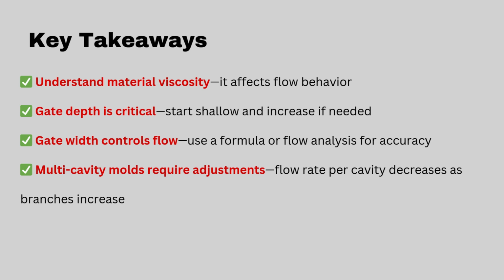The gate width controls the flow, and we can use the formula for that, and we can go for flow analysis to check the accuracy of what we have calculated. For multi-cavity molds, we require some adjustments, as flow rate per cavity decreases and branches increase. Following these guidelines, you can avoid costly design errors and achieve better part quality.